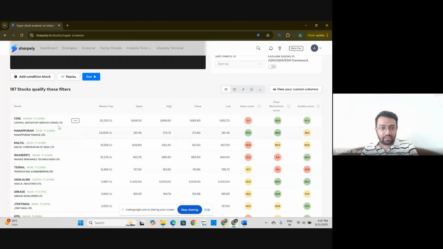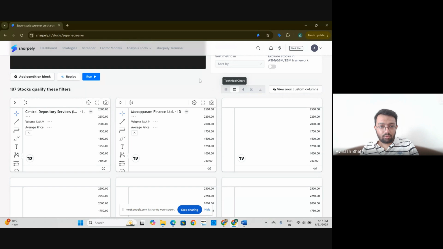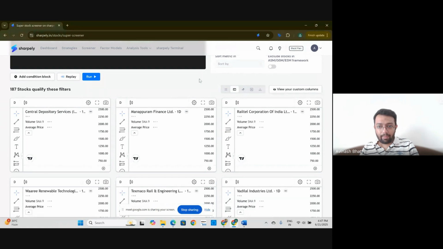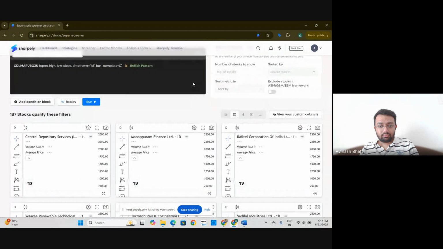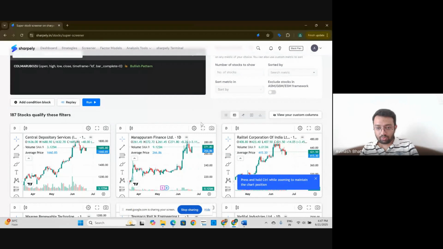Yeah, so 187 stocks are there in bullish Marubozu, right? So you can look at the charts. All these are forming bullish Marubozu: a green bar with very low, no upper wick and lower wick.